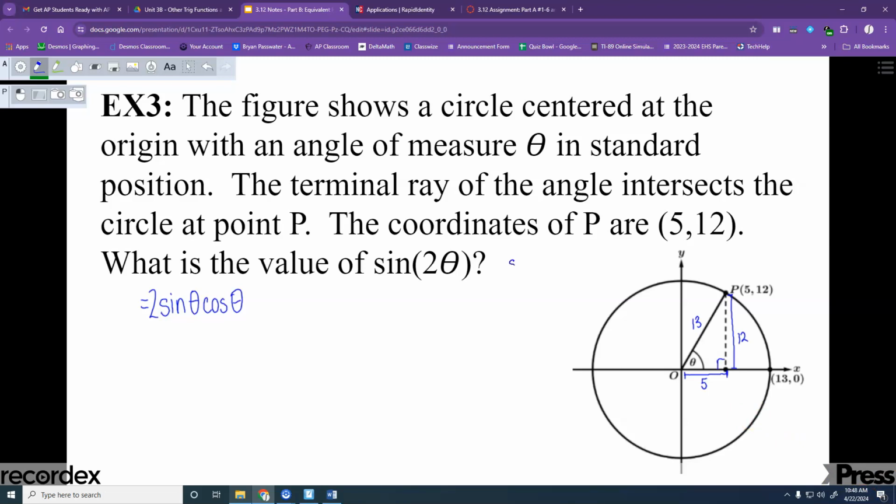So sine of theta is going to be, we got to think sort of back to our triangle trig. Sine is opposite over hypotenuse, which for this problem is 12 over 13.